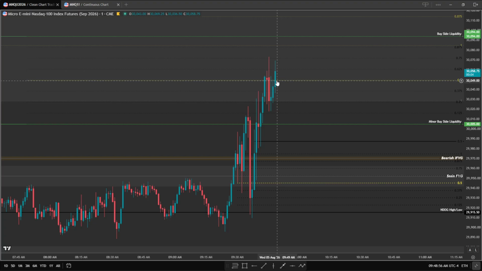If it closes above that again, I'm just going to expect this buy side to get taken. So it's probably just going to go to the buy side.